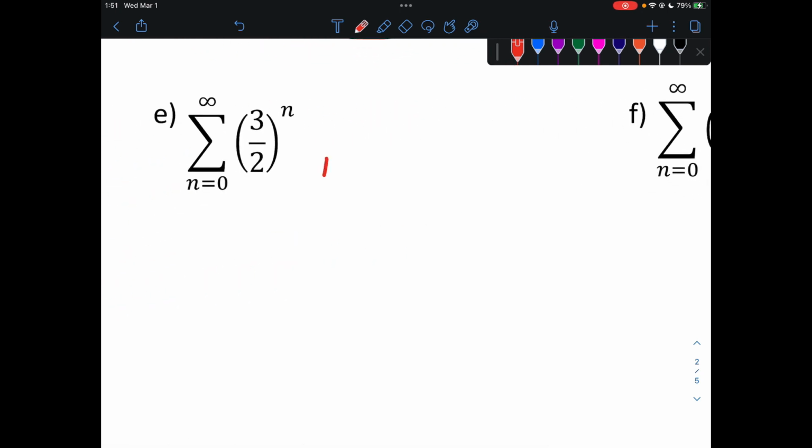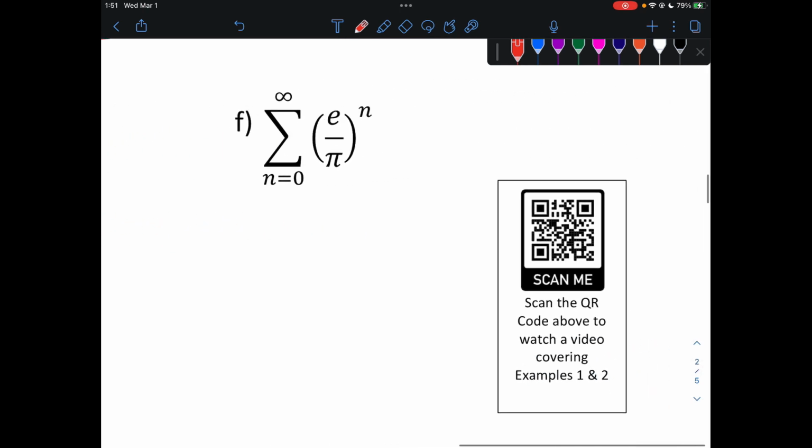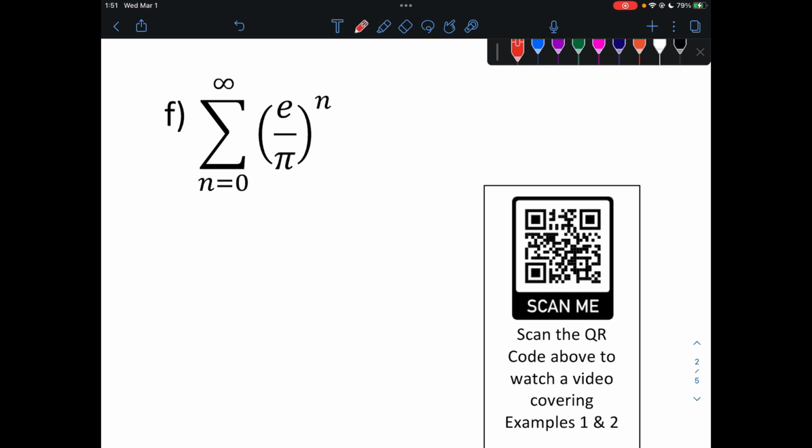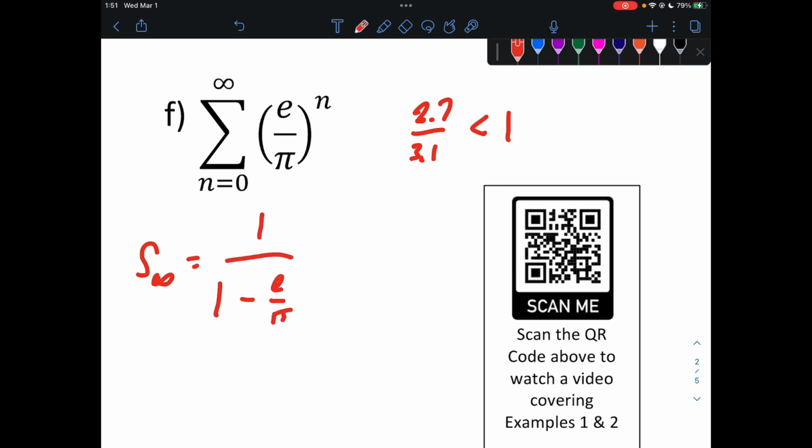E, r here is 3/2, which is clearly bigger than 1, so this diverges. And F, e over pi to the n. E over pi, if you don't know what that is, it's about 2.7 over 3.1, which is definitely less than 1. So this one does converge. The first term would be e over pi to the 0, so 1 over 1 minus e over pi.